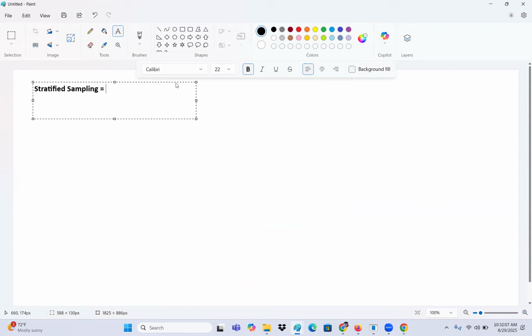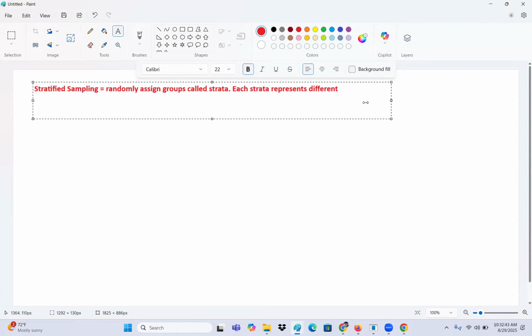We go and form groups that we call strata, and randomly assign a group of strata, right? Each stratum basically represents different characteristics, giving a much clearer idea.